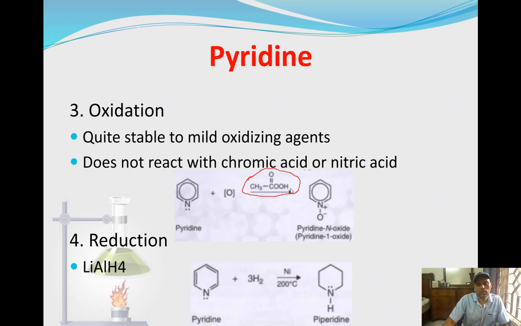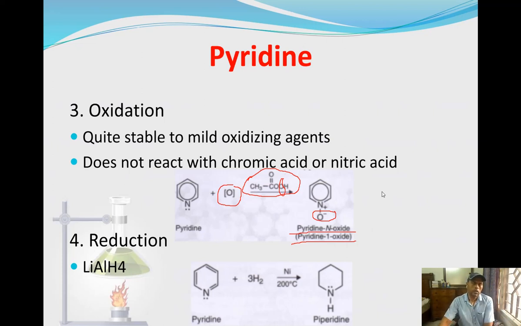This is per-acetic acid. Its structure is similar to acetic acid with one extra oxygen, which you can see here. It is a good oxidizing agent, and pyridine is going to get converted to pyridine N-oxide. So substitution at the nitrogen of pyridine gives the product pyridine N-oxide, or pyridine 1-oxide.